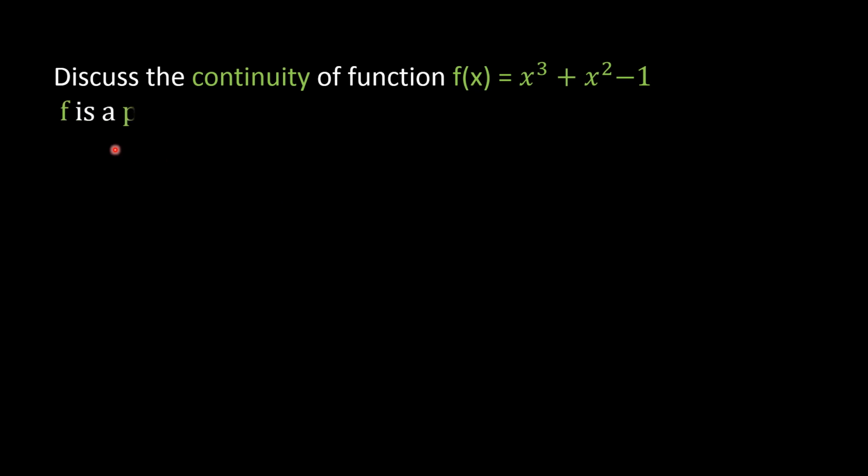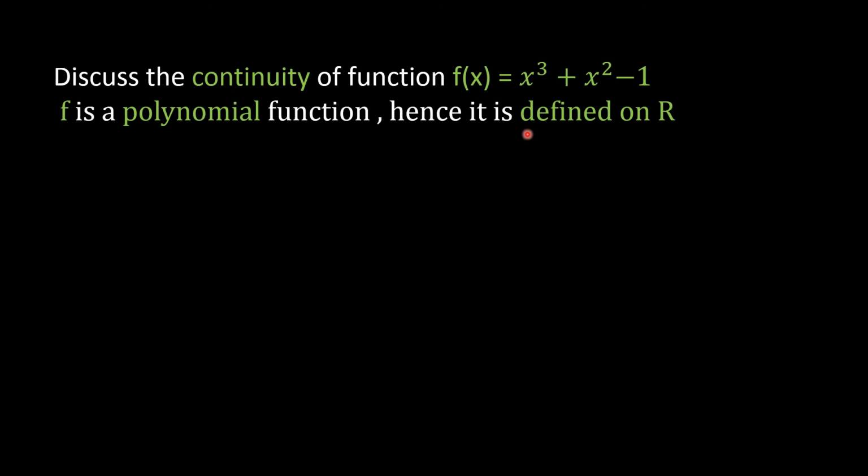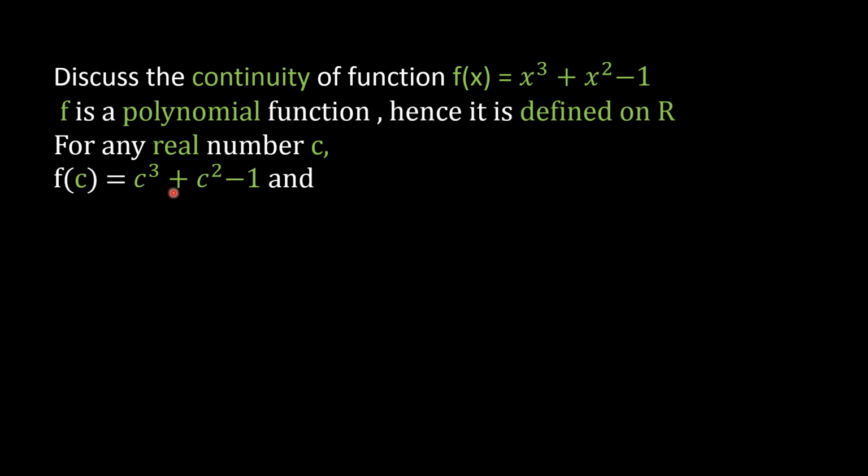Next, discuss the continuity of function f(x) equals x cubed plus x squared minus 1. f is a polynomial function, see here. Hence, it is defined on the set of real numbers R. For any real number c, f(c) will be c cubed plus c squared minus 1 according to this. Left-hand limit as x approaches c negative will be c cubed plus c squared minus 1.